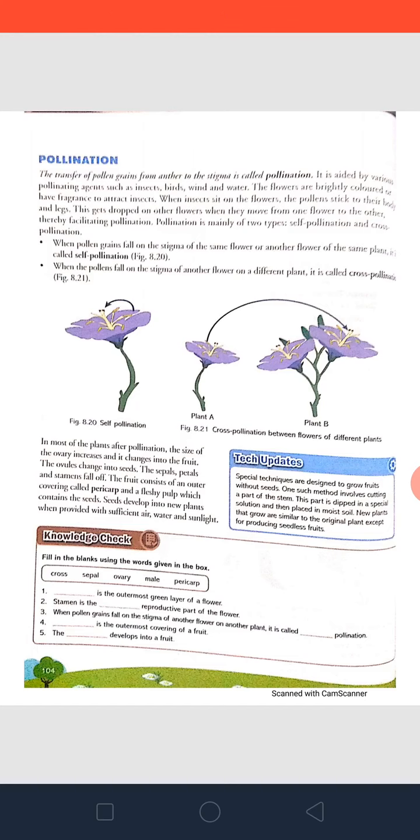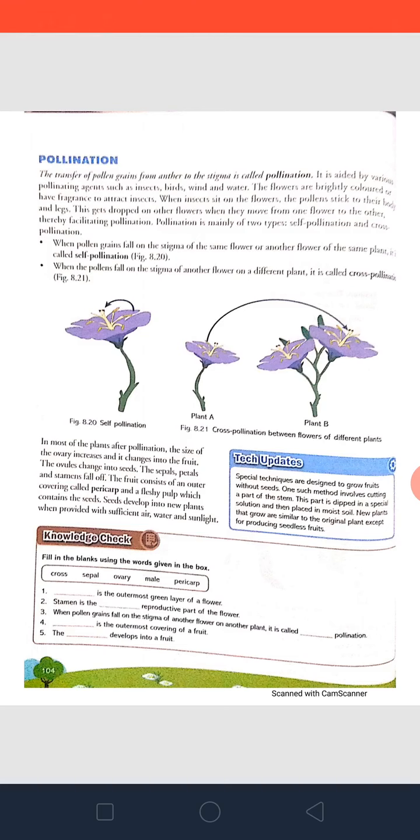After pollination, the ovary increases and changes into fruit, and the ovules change into seed. Sepals, petals and stamens start falling down.